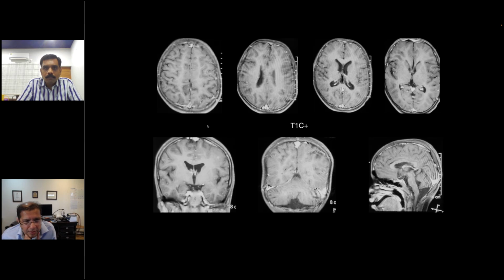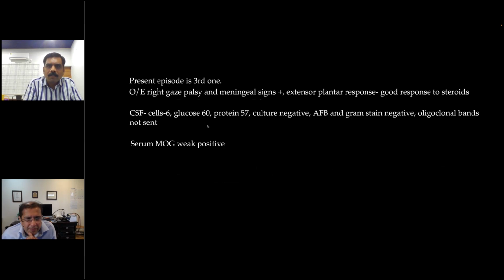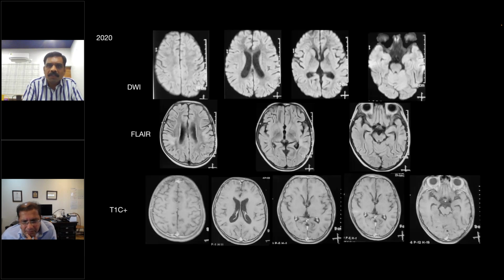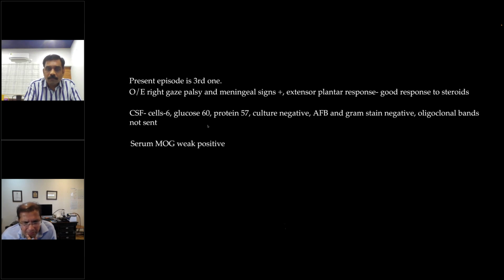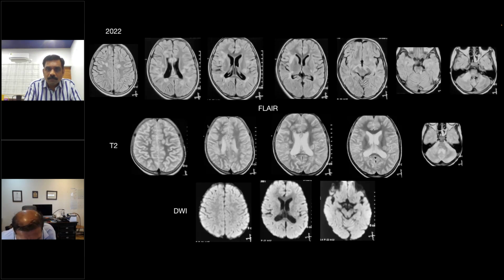I don't know what Dr. Kamte thinks. Yes, I do agree, sir. It looks more like demyelination, mostly MOG associated. I think the MOG is relevant here, and there are cortical changes, isn't it? In the left parietal, I think we were showing some picture there on the fourth picture. Also, the involvement of the cerebellar peduncles is very typical, and I think the weakly positive MOG might be relevant here.